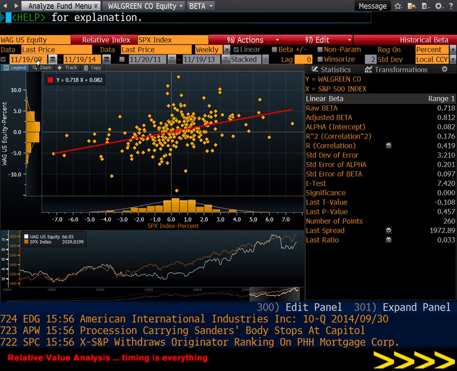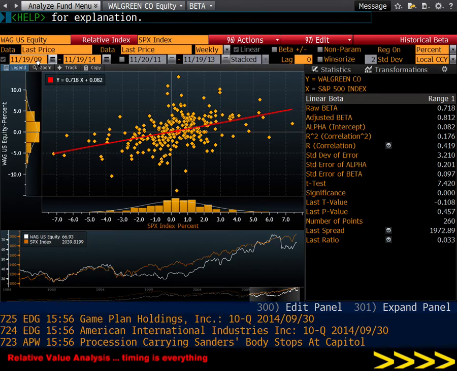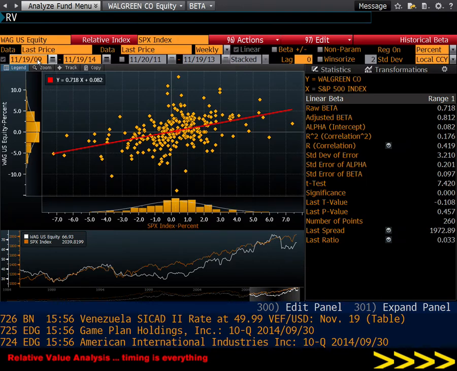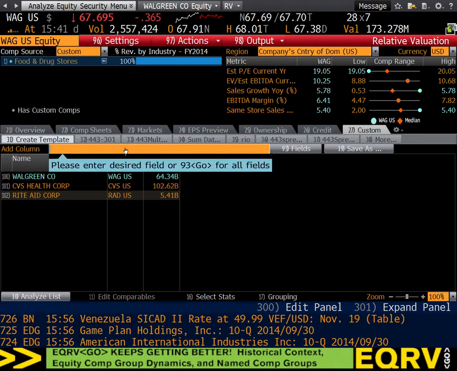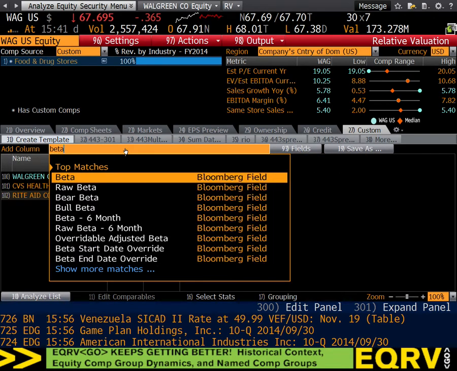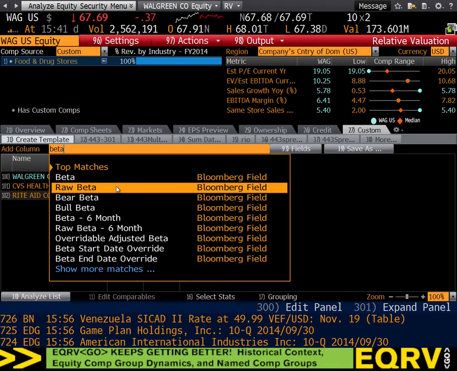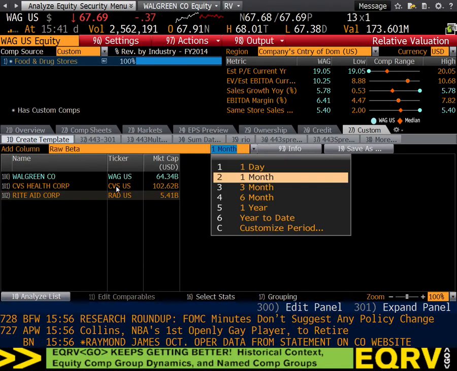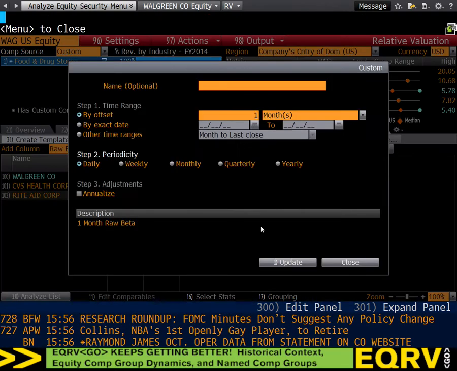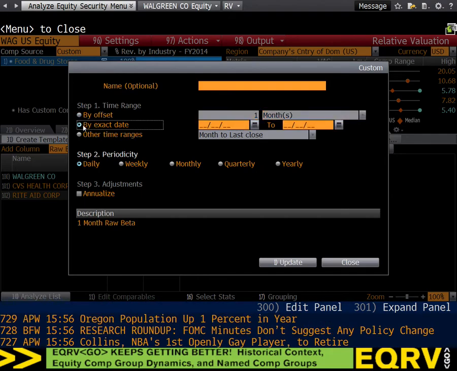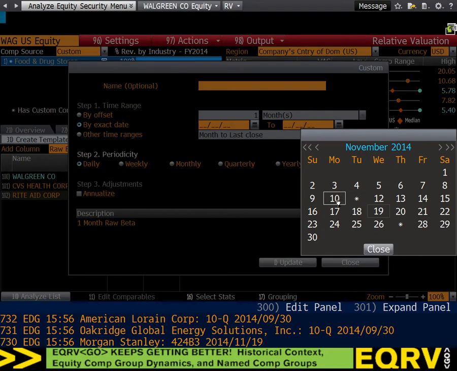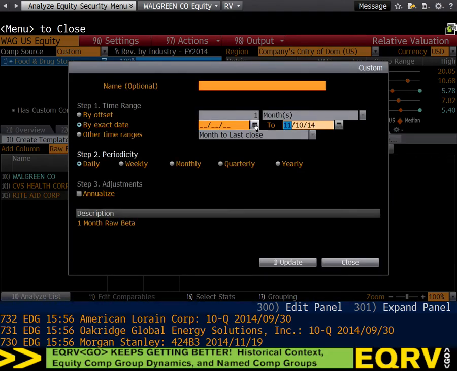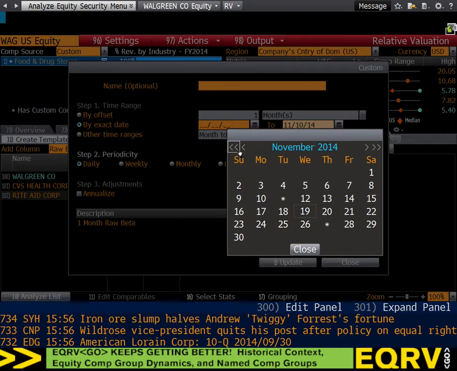Now, I'm going to give you an alternative, which I would also consider to be better. If you go to the RV section of Bloomberg, you go to Custom. Under Columns, you type in beta, and you'll also notice that you can use the raw beta across multiple companies. So I can also do a customized period by exact date, up until November 10th, 2014 versus November 10th, 2009.